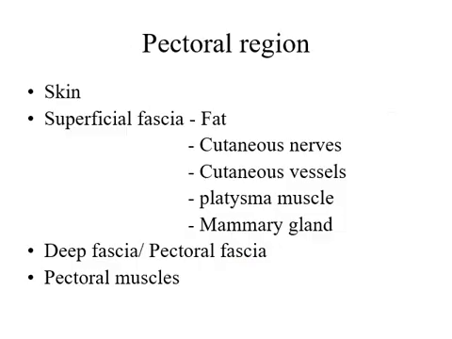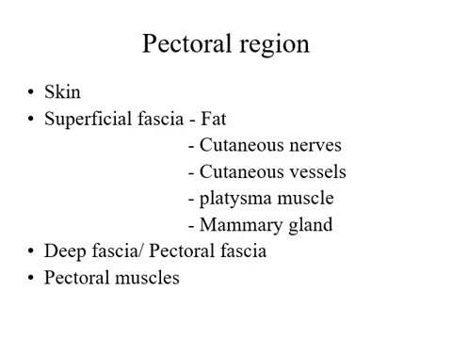Now let us begin with the pectoral region. I have already told you that the pectoral region lies on the front of the chest. This pectoral region is covered by skin. Deep to the skin, there is superficial fascia.